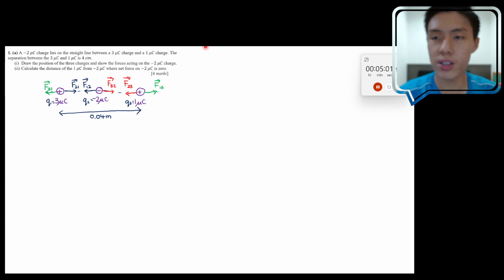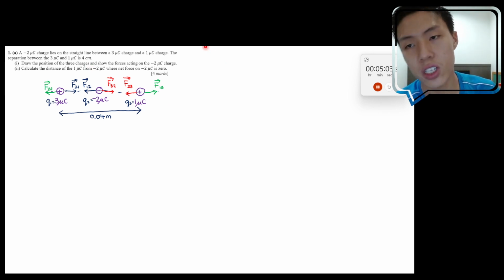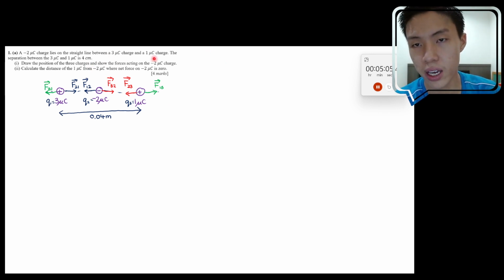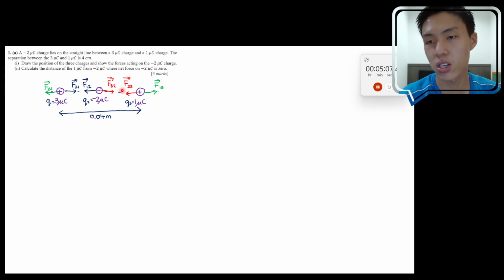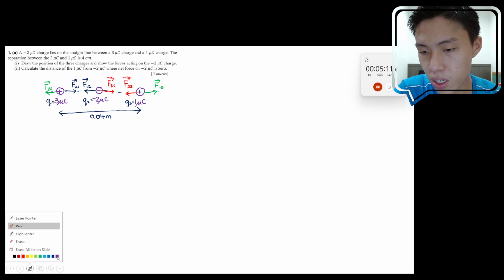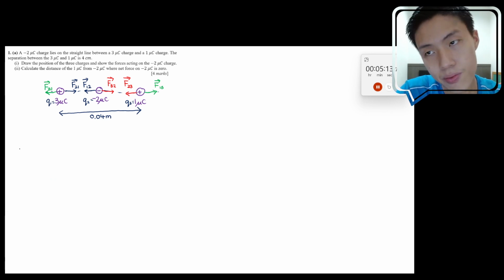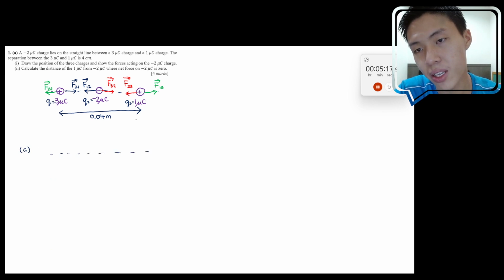Okay, we are done with the diagram, forces acting on all the charges, but they are specifically looking at the negative 2 microcoulomb charge. So what you should do would be to resketch everything. Okay, it's a bit of a waste of time. I have a time limit here. So you can put negative 2 microcoulomb over here, 3 microcoulomb here, 1 microcoulomb, label everything.